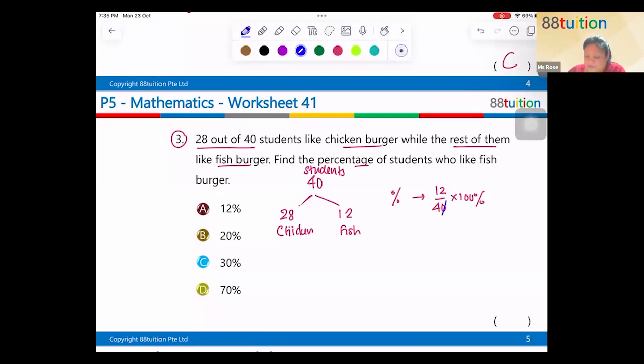I cancel the zeros first, followed by the 4, divide by 4 to give me 3. 3 times 10 gives me 30%. So the answer for question number 3 is C.